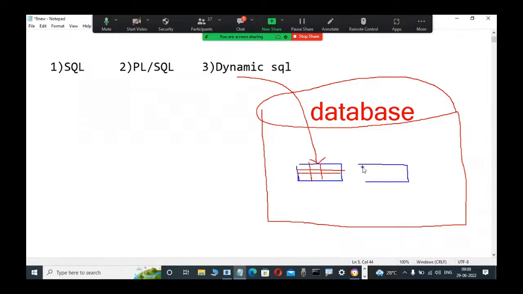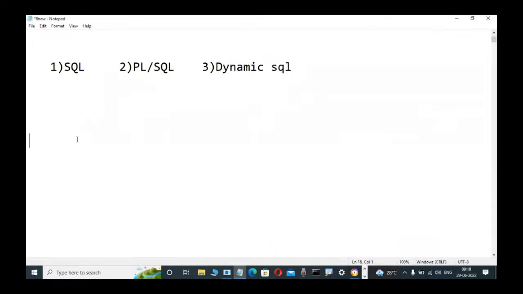Not a random collection of data, a structured collection of data. So if anybody asks, what is a database? It is a place where we can store a structured collection of data. It is an organized collection, data is stored in an organized fashion only.